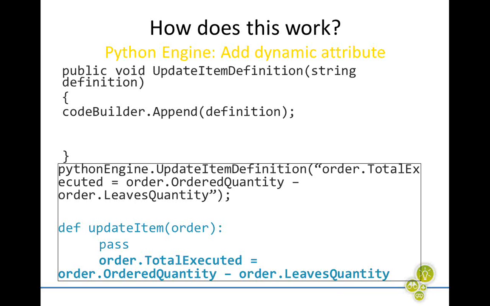What I do is I update my definition of that function with this string. This string adds to the Python function which is being stored as a string builder there.